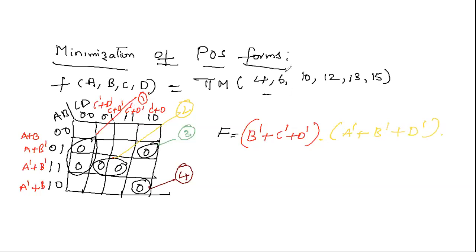Next, the third one is the green color. What will be the value for this? The value will be A plus B complement plus C complement plus D. For the next one, the fourth, the maroon color, what will be the value?